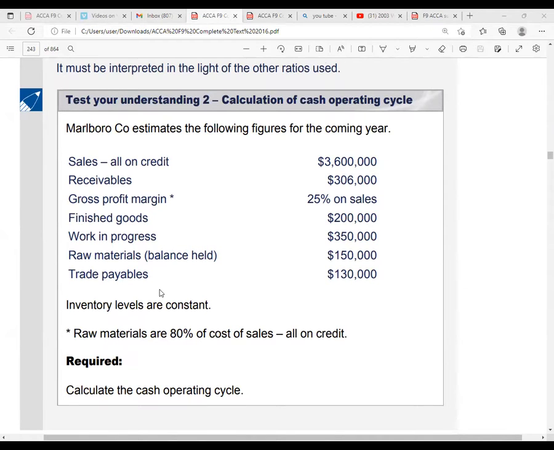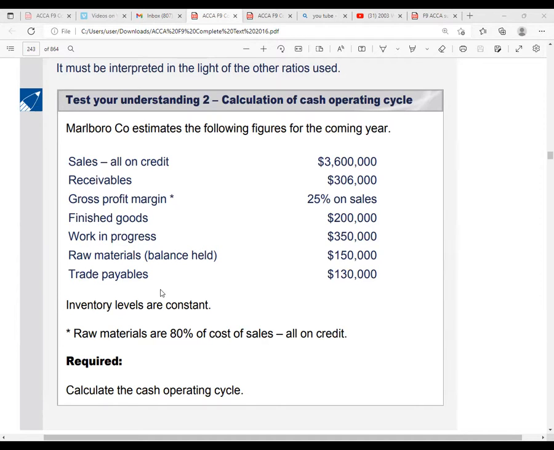Finished goods 200,000. Work in progress 350,000. Raw materials balance held 150,000. Trade payables 130,000. Inventory levels are constant. And raw materials are 80% of cost of sales, all on credit.